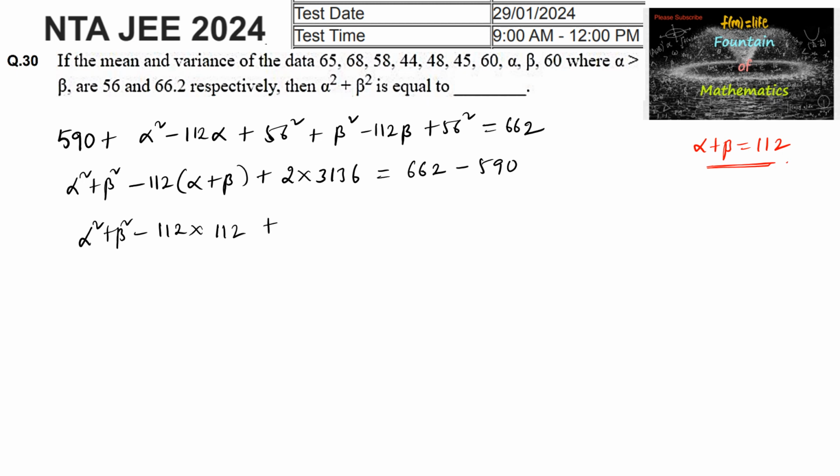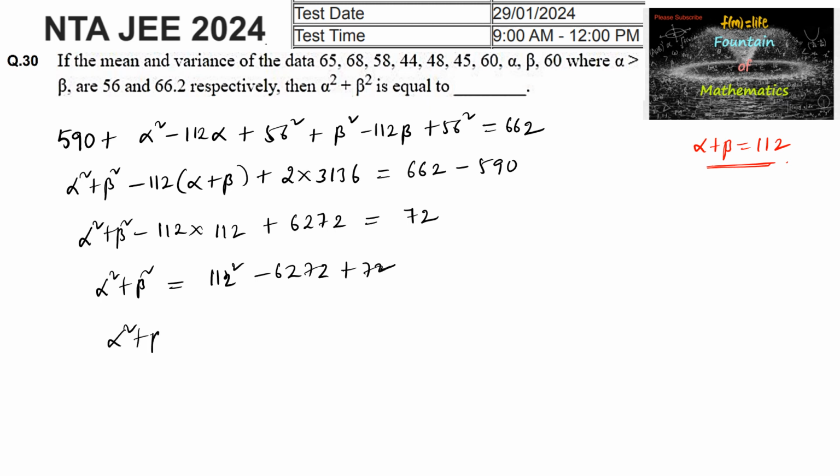plus we can write 6272 is equal to 10 plus 62, that is 72. And so alpha square plus beta square, we can write, is 112 square minus 6272 plus 72.